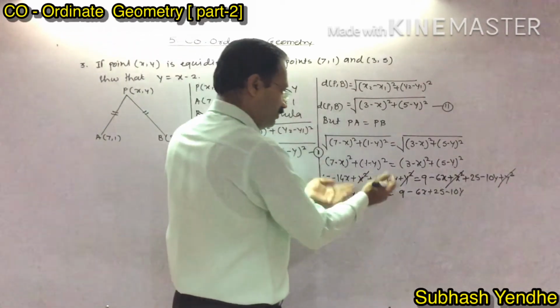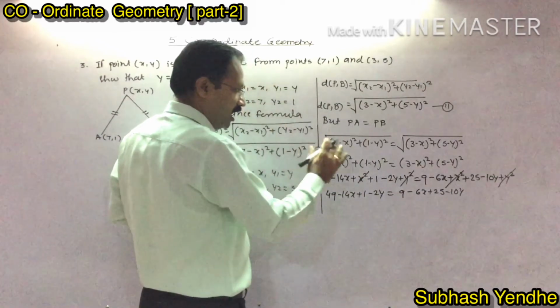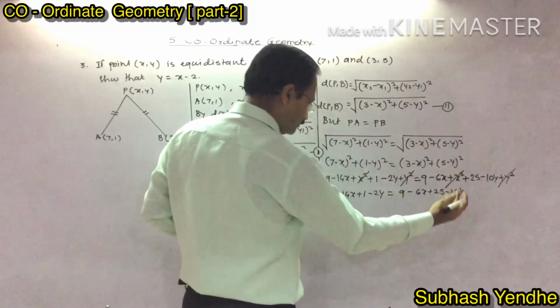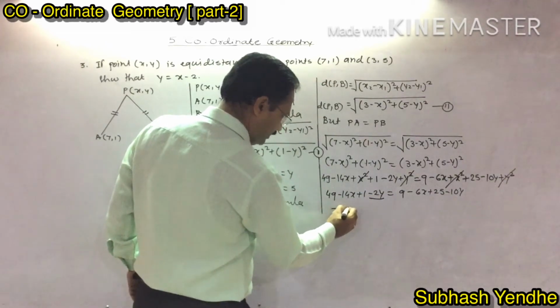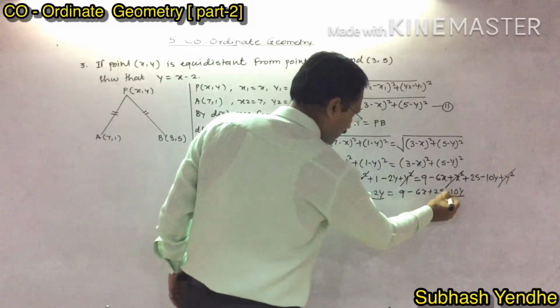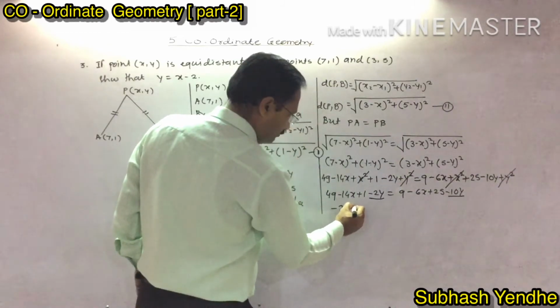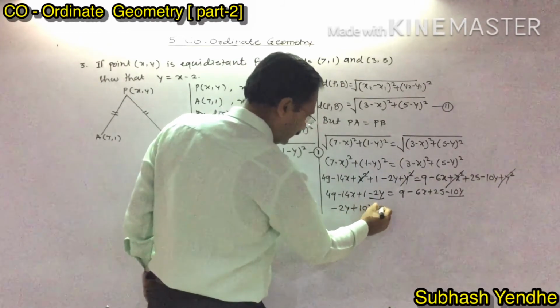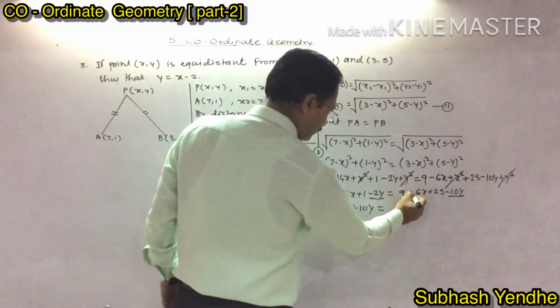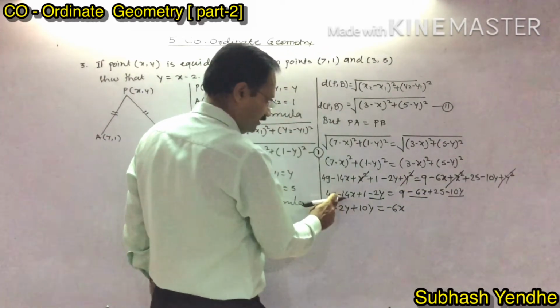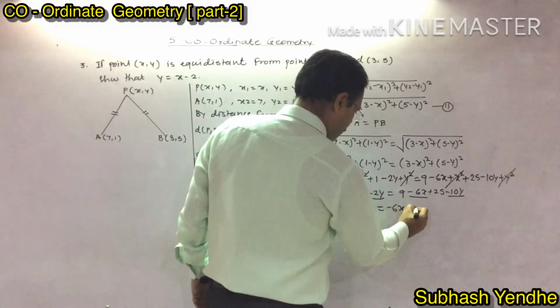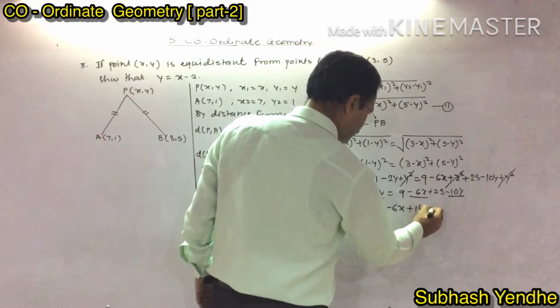So y should be on the left hand side and everything else will remain on the right hand side. So here minus 2y will be as it is. And this minus will come on this side, so it will be plus 10y. Now x goes on that side. Minus 6x will be as it is, and this is minus, so it will be plus 14x.